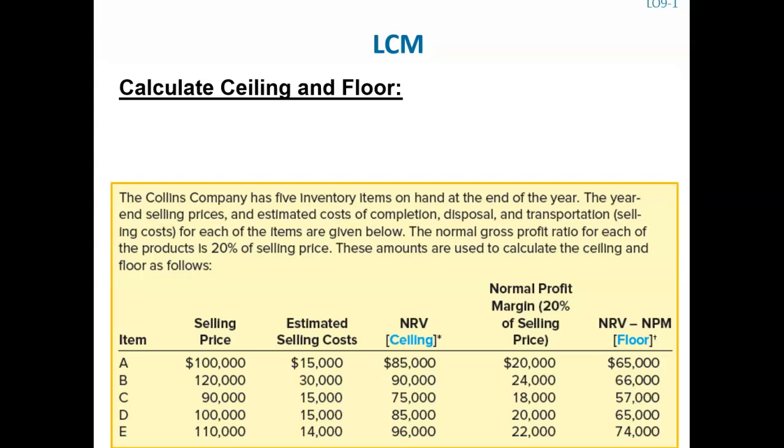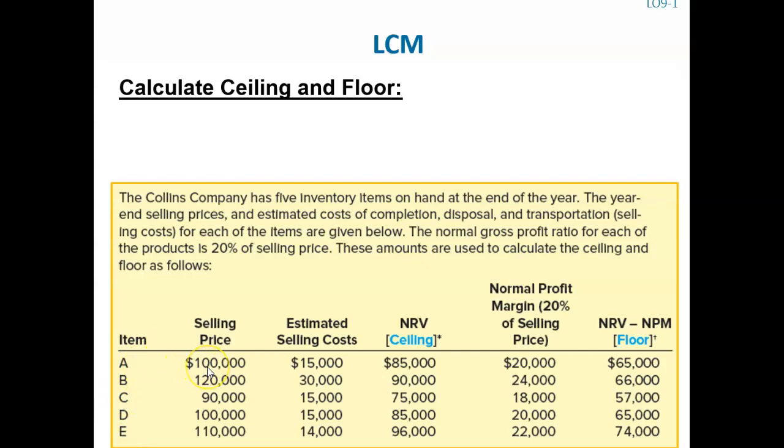The year-end selling prices and the estimated costs of completion, disposal, and transportation, referred to as selling costs here, for each item are given below. In this example, the normal gross profit ratio for each product is 20% of its selling price. These amounts are used to calculate the ceiling and the floor as follows.